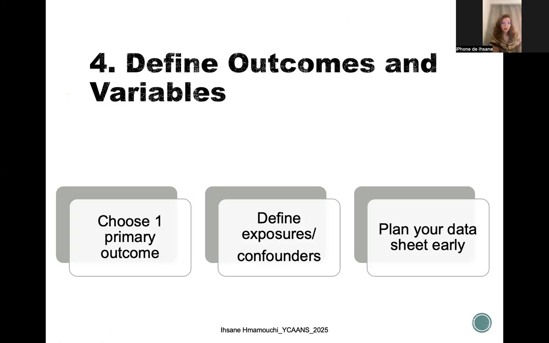So it should be clinically meaningful, objectively measurable, and clearly defined in advance. You will also need to define some exposures like confounders, and please don't forget to create a clear data collection plan early. This will reduce missing data and align your clinical work with your research.